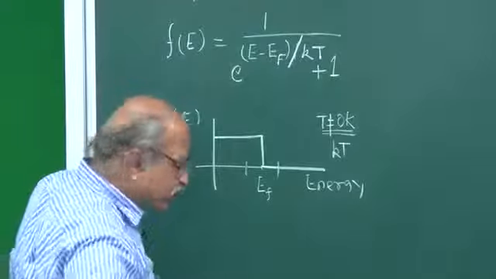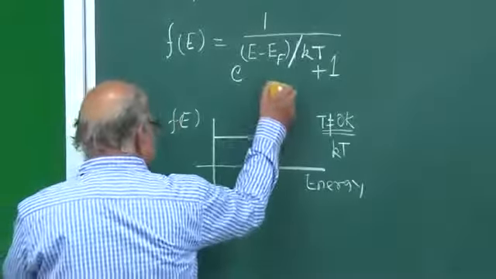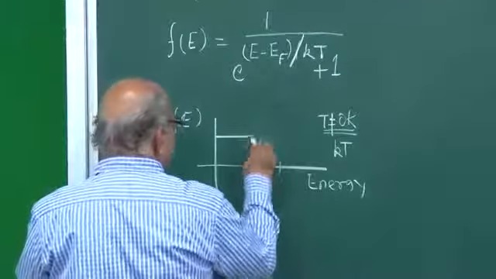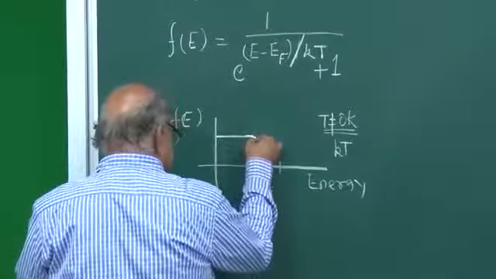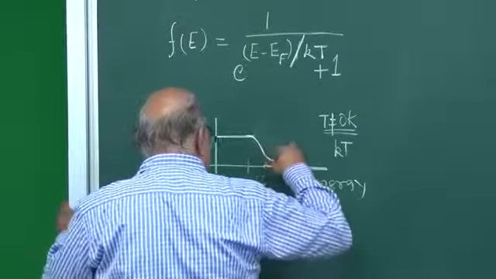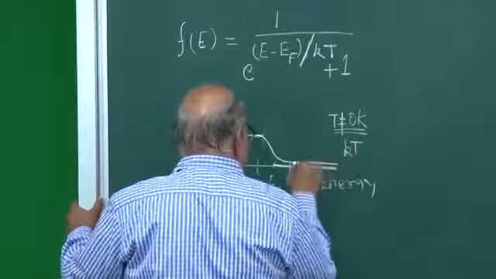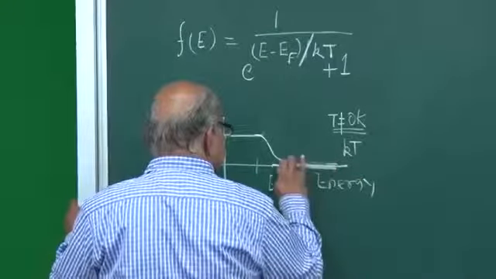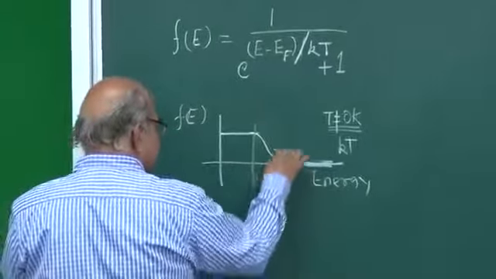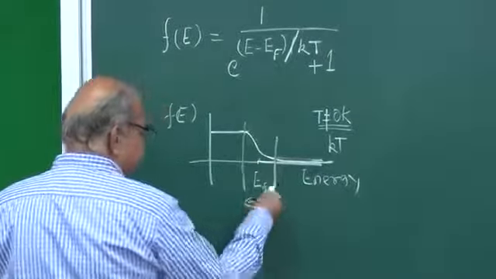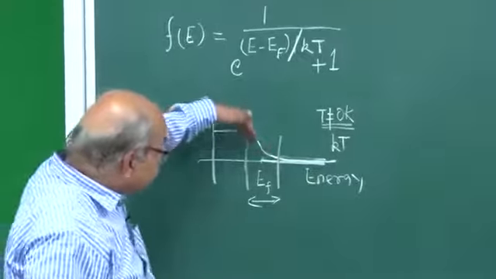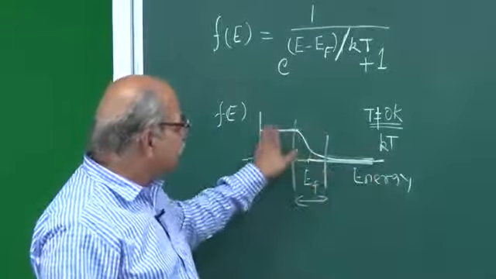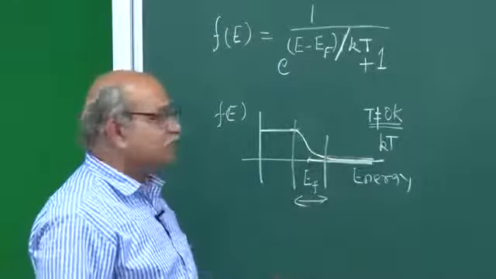If I redraw this, it looks something of this sort. So only in a small region, which may be 2-3 kTs, you can see there is a change. There is almost 1 here, almost 0 here, and in this part there is some change.